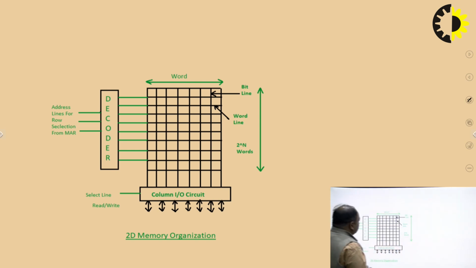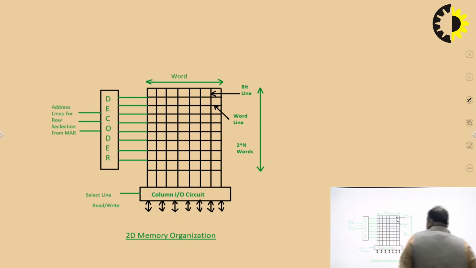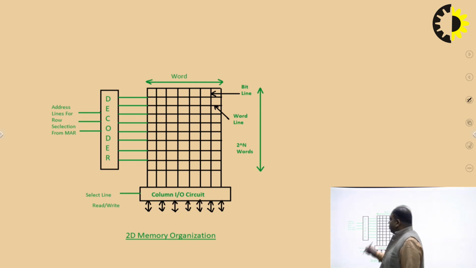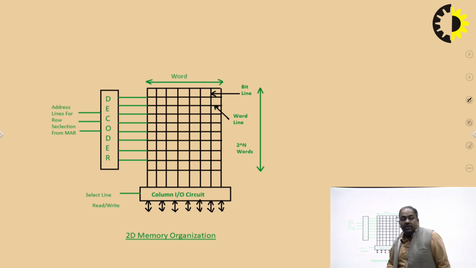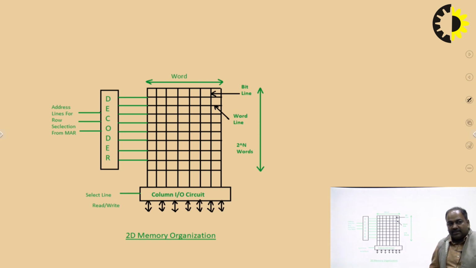It is a matrix of rows and columns where we can see there is one decoder, and in this decoder there are the address lines for rows which are selected from the memory address register. Each block of the matrix contains a word, and the number of words is of the form 2 raised to the power n, which I already told you.